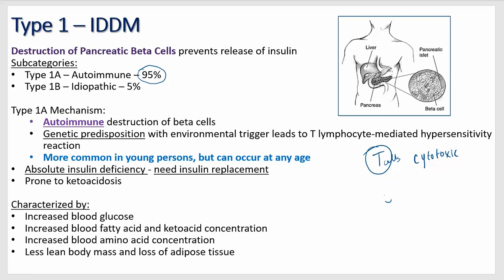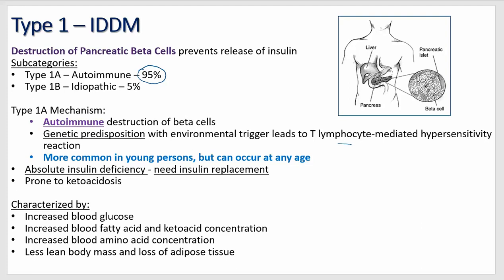If we draw our cell again, in case our cell is over here and our cell is happy, but down over here, there's a virus. If there's a virus in there, then pieces of that virus are going to get expressed out here, and that T cell is going to notice that and kill it. I don't know why I'm going into all this detail, but this is why we see a lot of autoimmune diseases that are affected by these T cells.